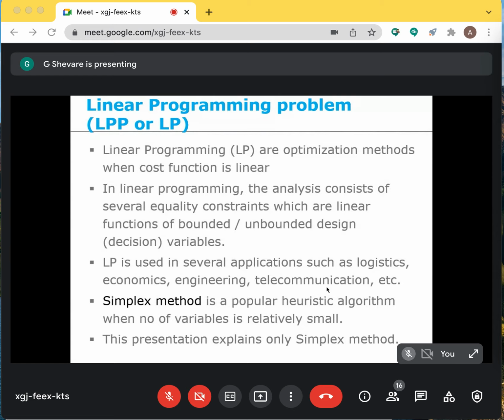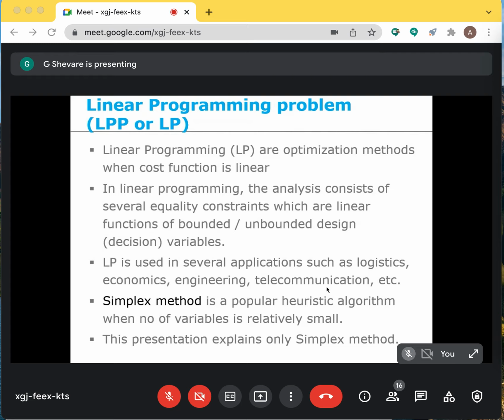And in linear programming, the analysis part is supposed to be only a set of equations with some bounds, upper bounds or lower bounds on the design variables. So that is what is not said here, but this is what I implied. So in linear programming, the analysis consists of several equality constraints, which are linear functions of unbounded and bounded variables. But in reality, what they represent is some kind of an analysis of the system.